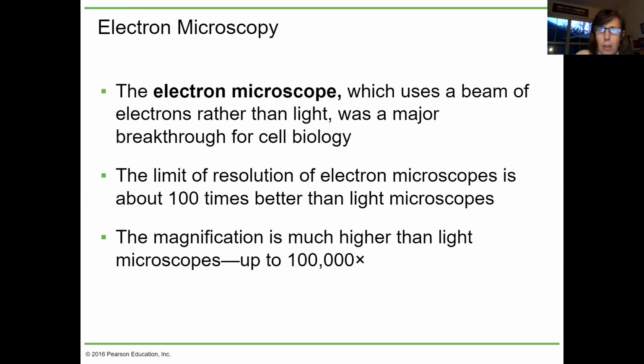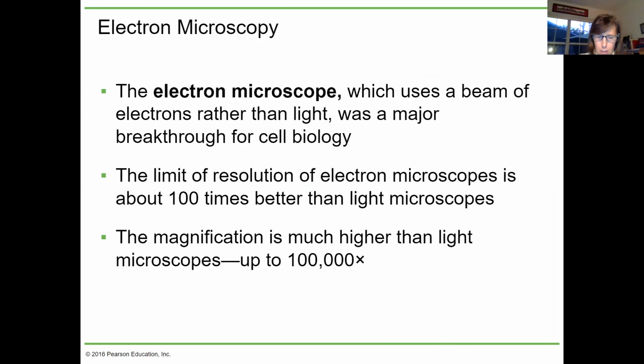Now, development of the electron microscope was a huge step forward in understanding tissues and cells at a really fine level. And instead of light, the electron microscope uses a beam of electrons. And you're able to then analyze that data and understand the image.